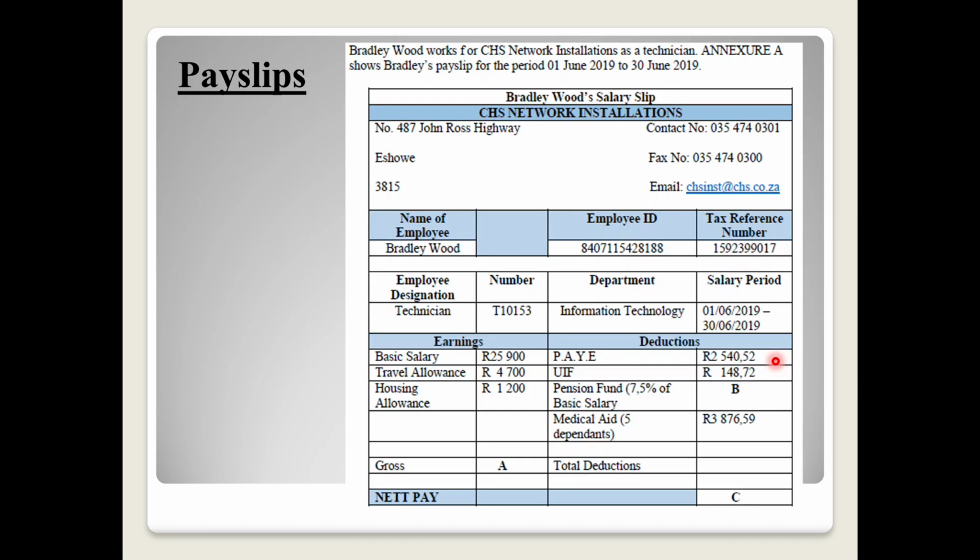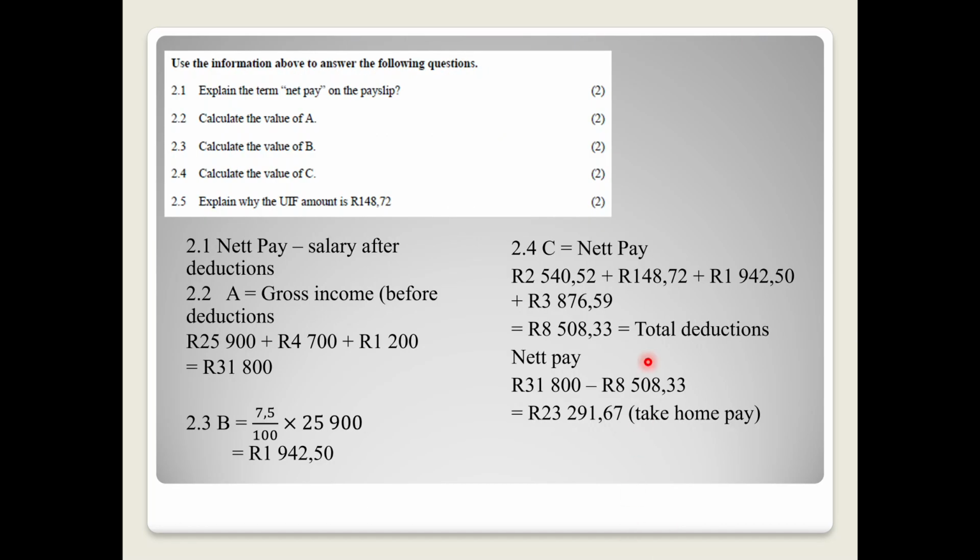That is the pay-as-you-earn, the UIF, and the pension, which we worked out in B. You need to fill it in, and then the contribution to the medical aid. We add up all of that, and we get total deductions of R8,508.33, and then we deduct that to get the net pay.